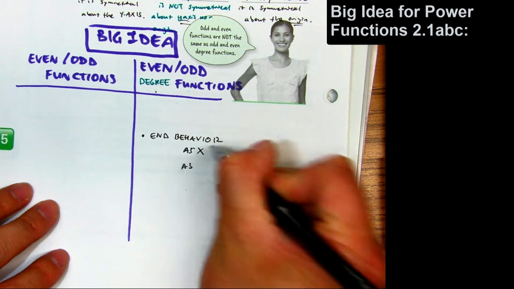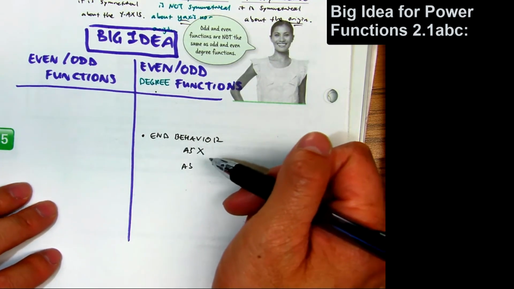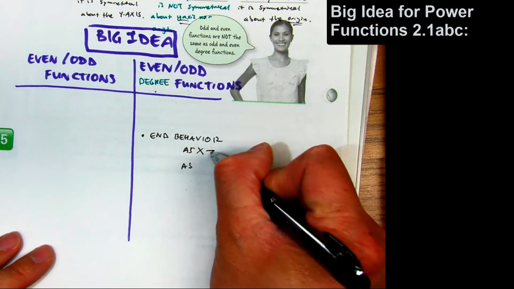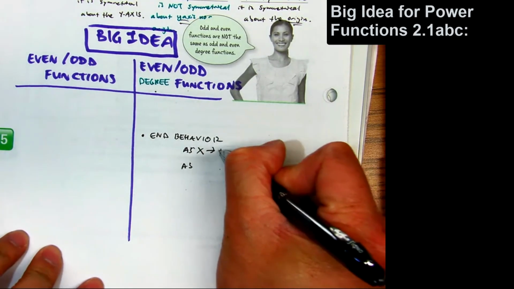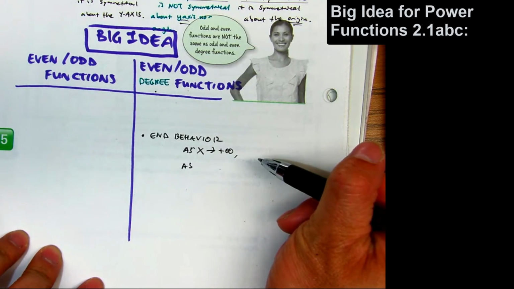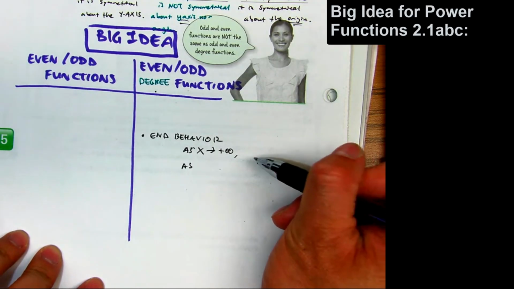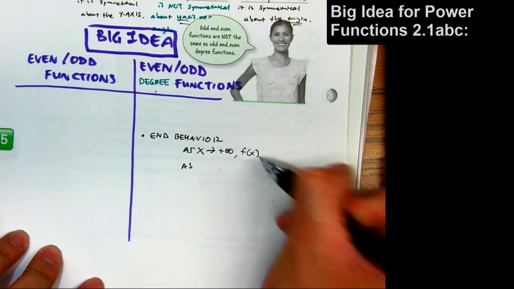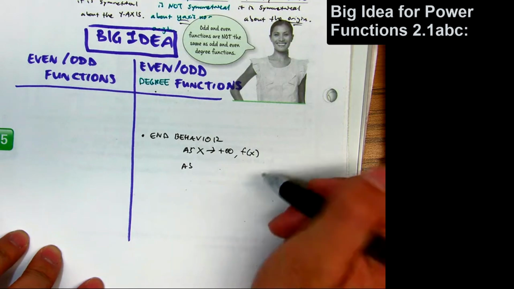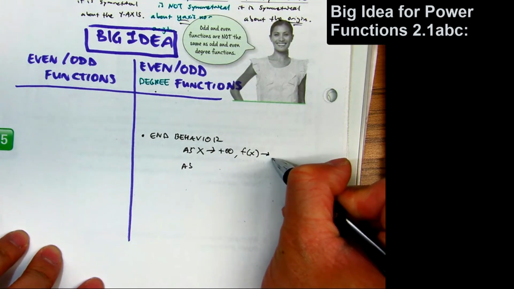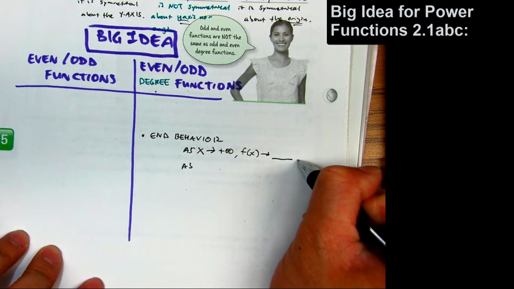As x. Well, we're not sure, so I'm just going to leave it as a blank.